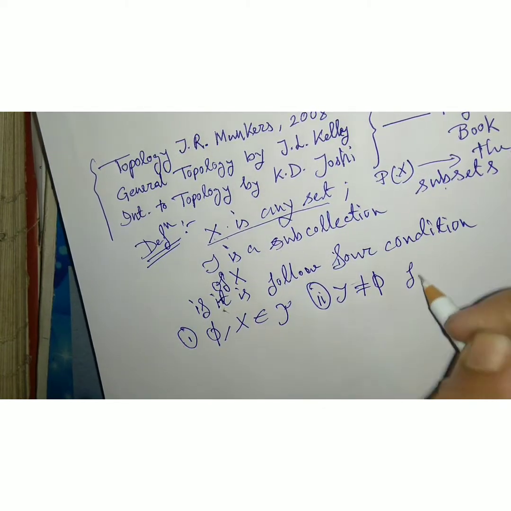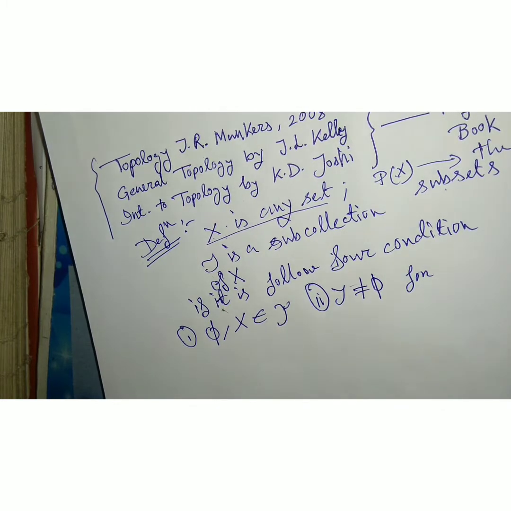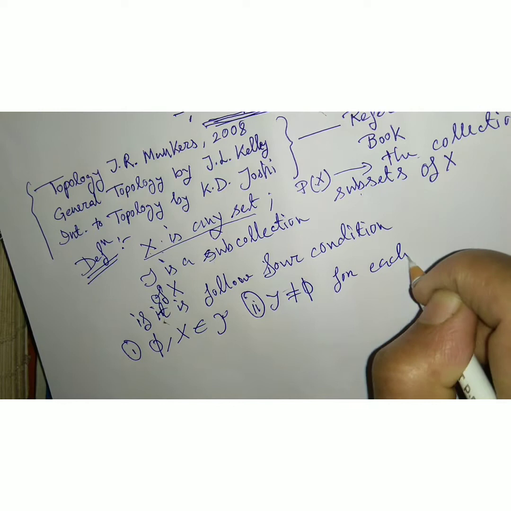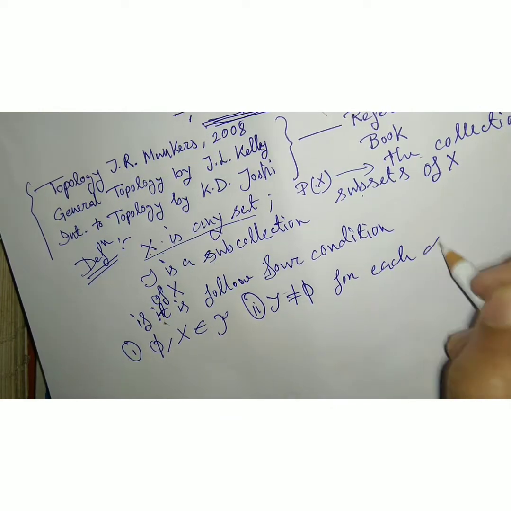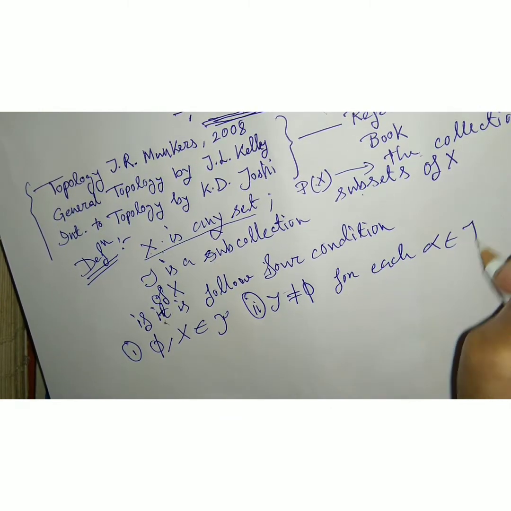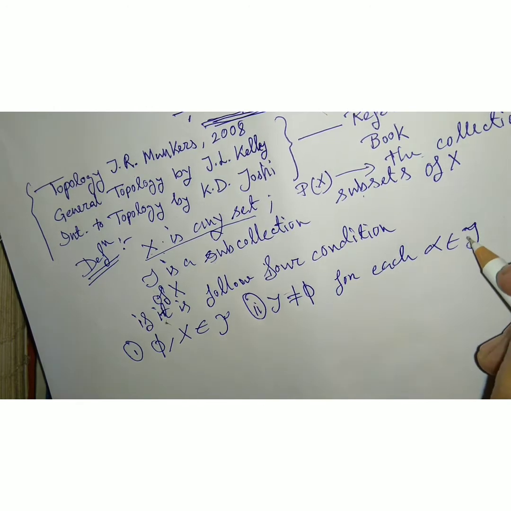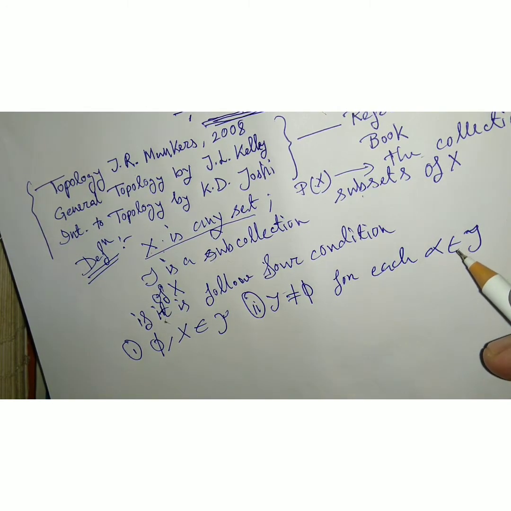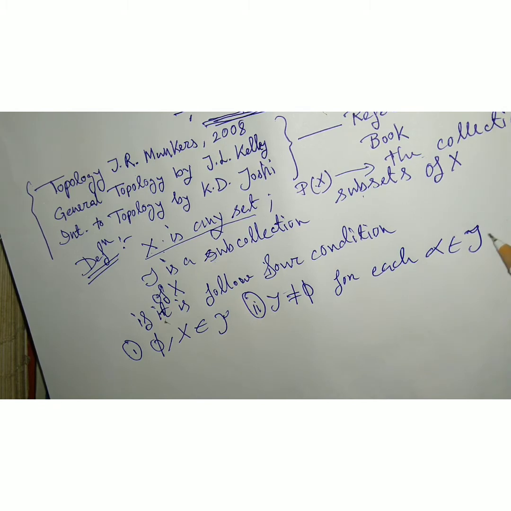For each alpha belonging to J, where A alpha belongs to tau.